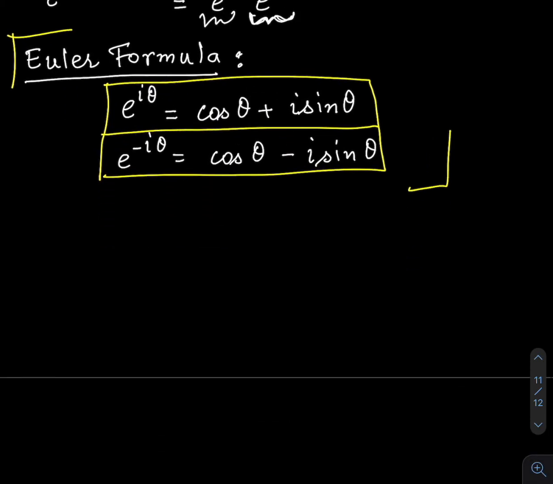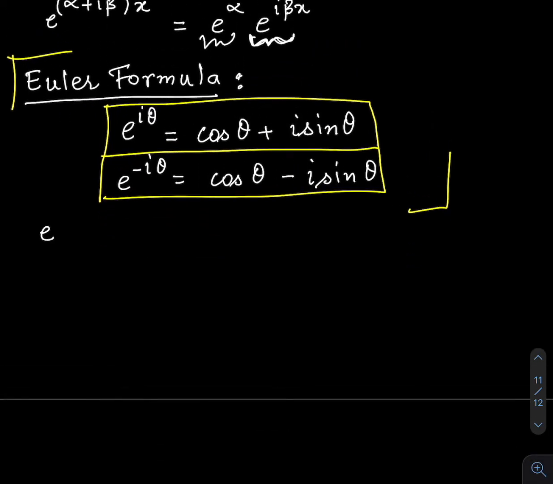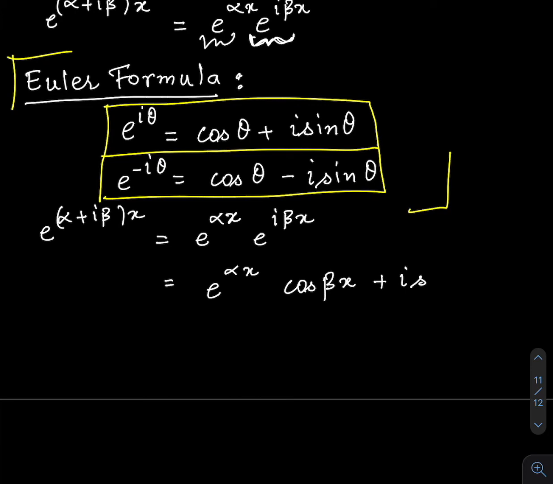Basically what we learned over here is, if we have a complex root alpha plus i beta, then e^((alpha plus i beta)x) can be written as e^(alpha x) times e^(i beta x), and this e^(i beta x) we can write as cosine beta x plus i times sine beta x using the Euler formula, right?